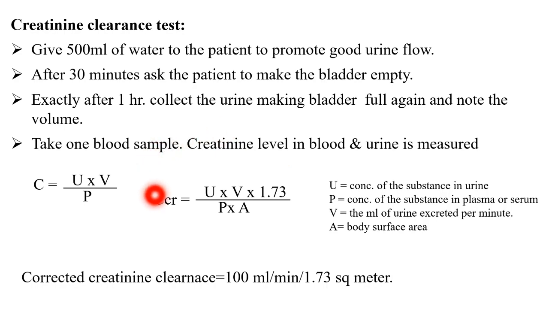This is the corrected creatinine clearance: U into V into 1.73 by P into A. U is the concentration of the substance in urine, V is the volume in ml of urine excreted per minute, 1.73 is the standard body surface area, and P is the concentration of the substance in the plasma or serum. A is the body surface area of that person. So corrected creatinine clearance is 100 ml per minute per 1.73 square meter.